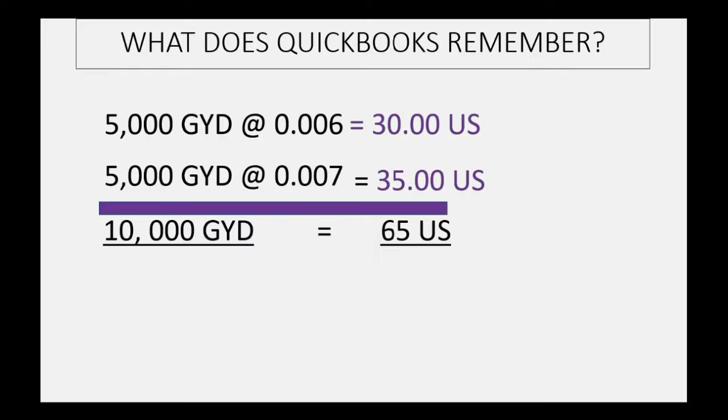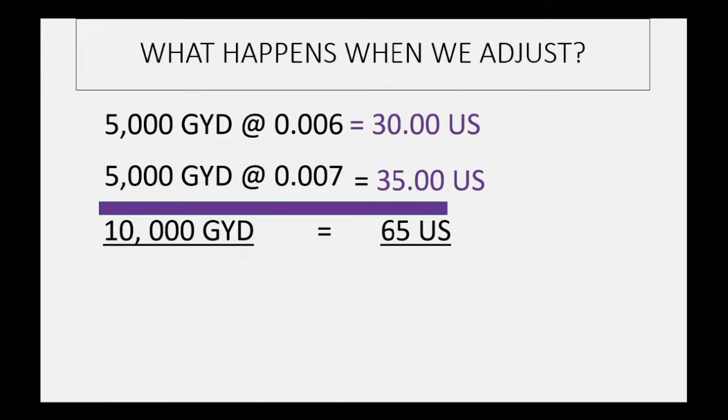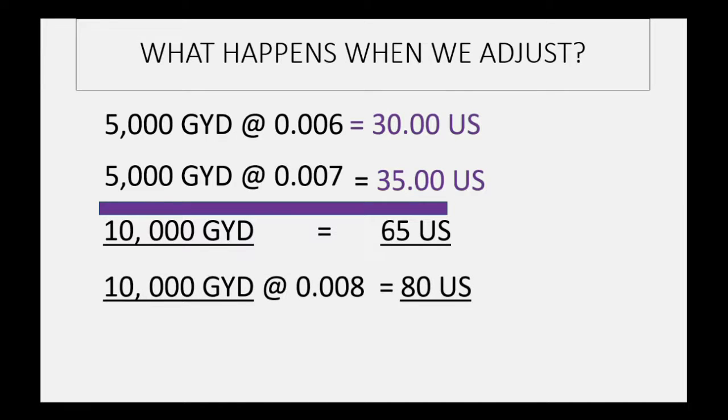QuickBooks will change the value of the individual units in our records to reflect the currently updated value, which means instead of having half of them at 0.006 and half of them at 0.007, after the adjustment, all of the units that we own will become the same value, the new value per unit that we put into QuickBooks, and as a result, the balance of the foreign bank account will change in amount regarding the US dollars.